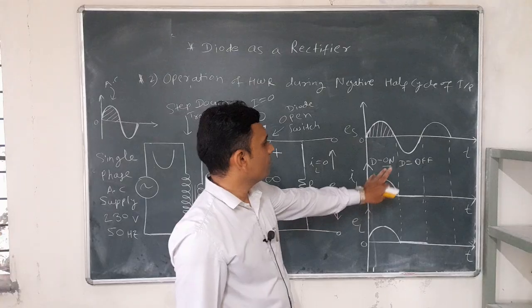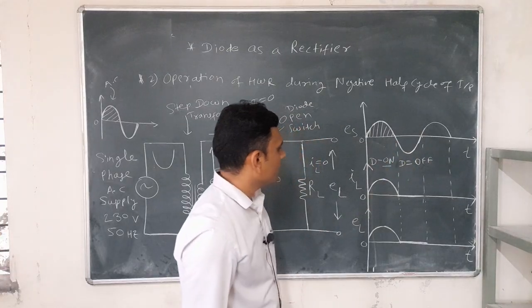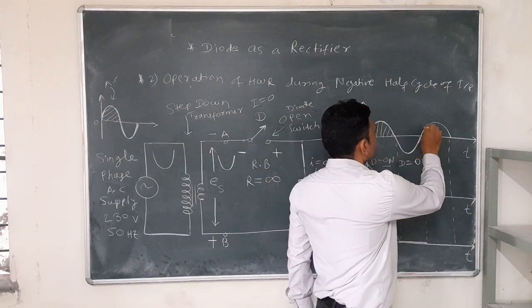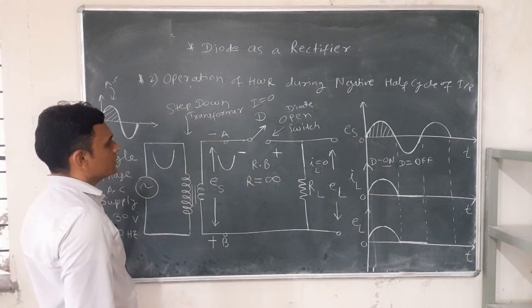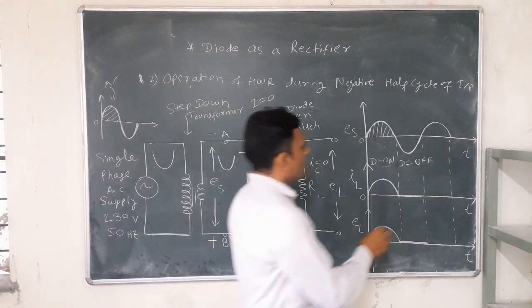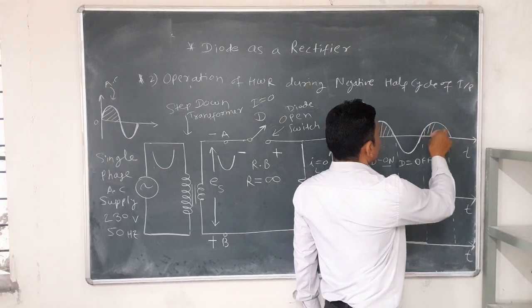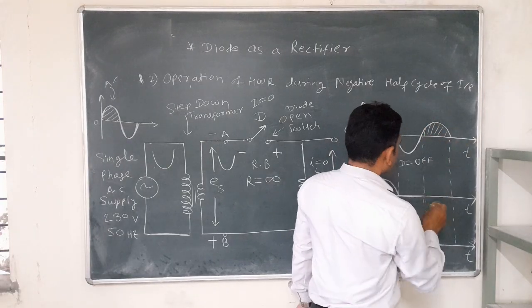Then after completion of this negative half cycle, the positive half cycle starts again. Polarities are again reversed. The diode is on in this positive half cycle.